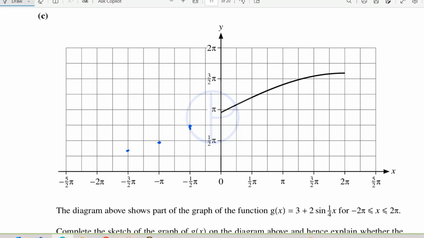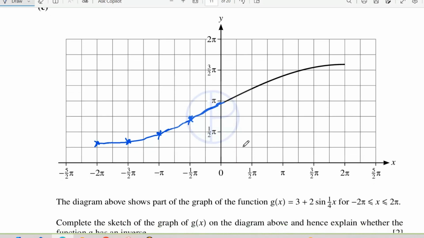Then when x equal to minus 2 pi, g of x will be equal to 1. So now we have completed the graph of g of x.